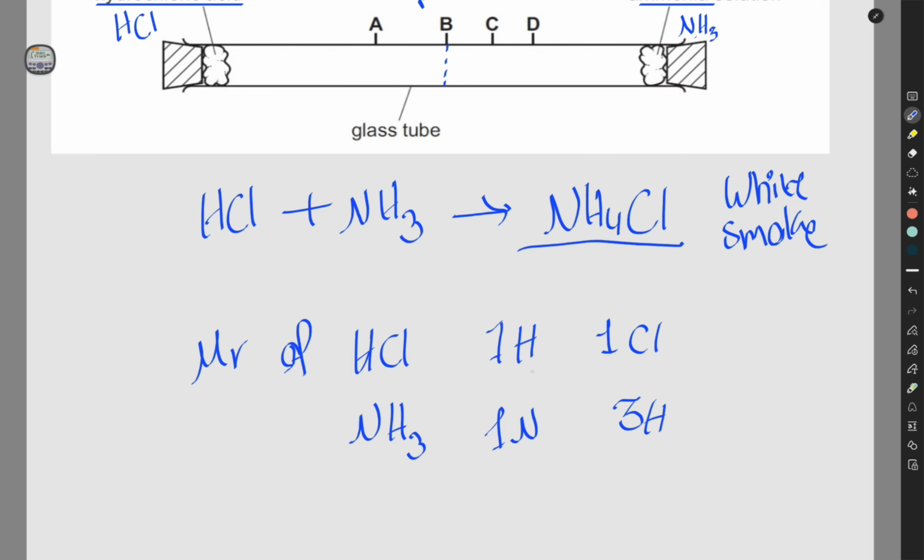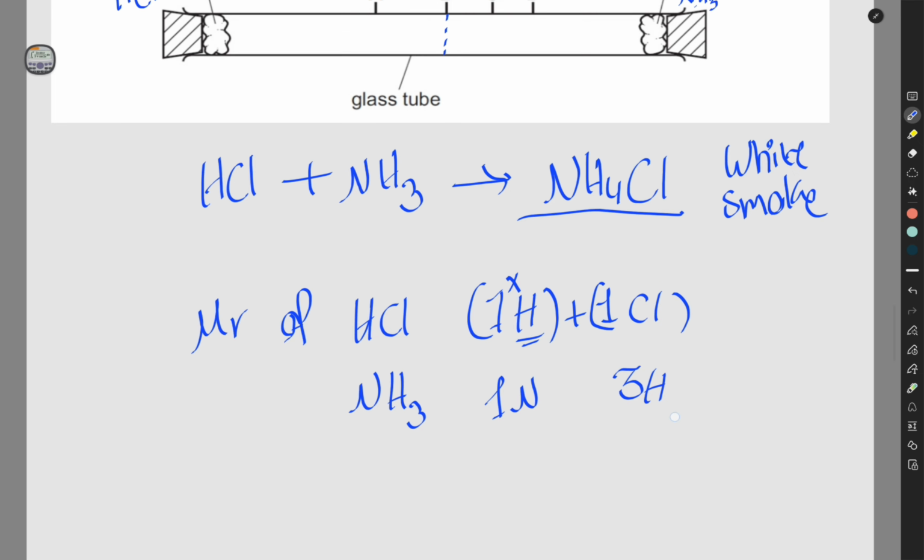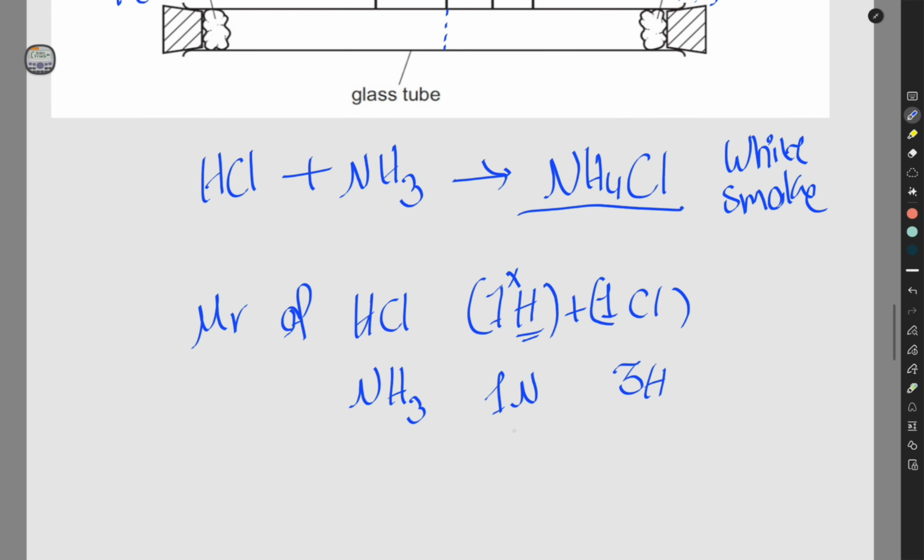So you just find the mass for each element present, multiply by the number of atoms present for the element, and add this all up to get the MR. For example, I have 1 nitrogen atom. 1 nitrogen atom has a mass of 14, so I say 14 plus 3 hydrogen atoms, and the mass for 1 hydrogen atom is 1, so 3 multiplied by 1. That is 14 plus 3, which is 17. That's the MR for ammonia.